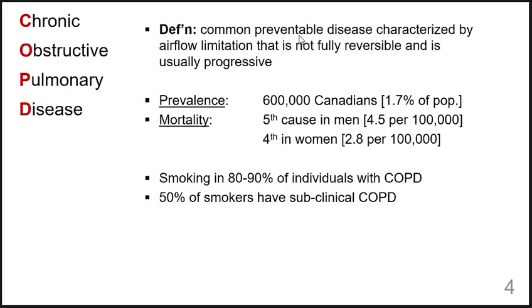So it is a common preventable, and that's key, that it is preventable, disease that's characterized by airflow limitation, which we spoke about when we talked about obstructive pulmonary diseases, that is not fully reversible. Okay, so once somebody has it, the lungs cannot be completely reversed to their original state, and it's usually progressive, meaning that it usually does get worse.